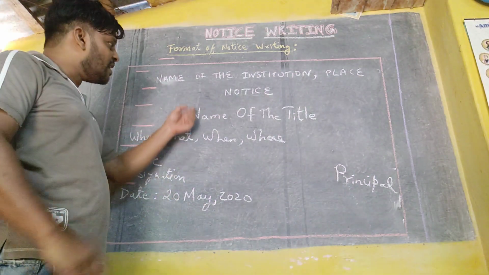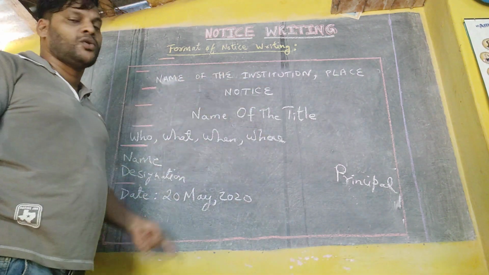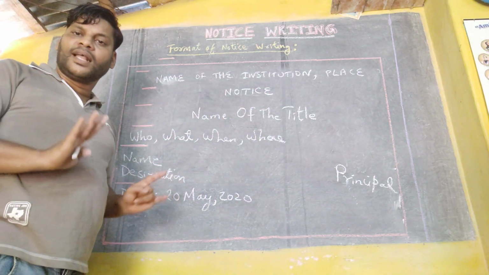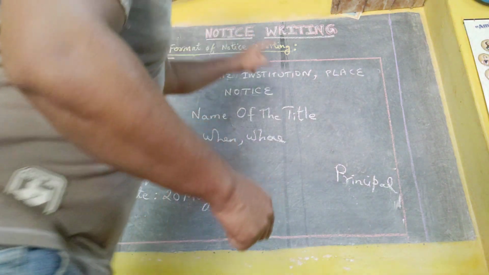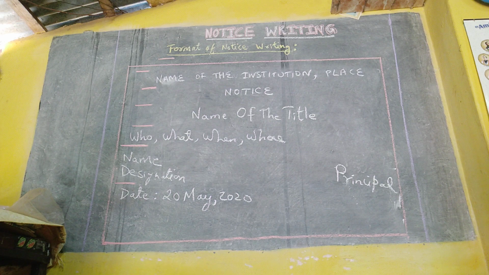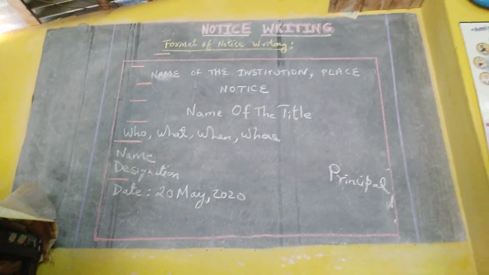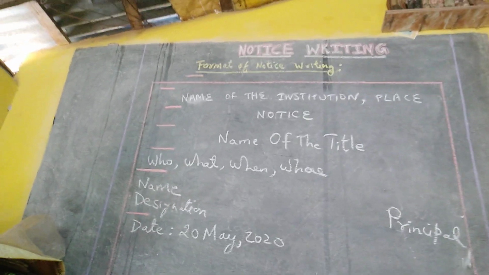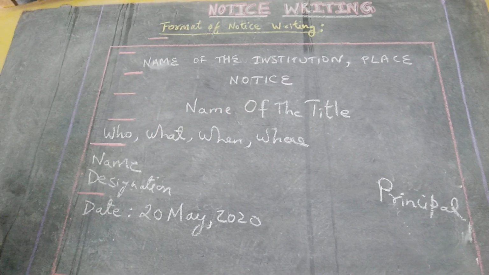So it has to be written in pen, but the box has to be drawn only with the help of the pencil and the scale. Is that clear? Now can you see, this is the format of notice writing. Please copy this format in your grammar book.